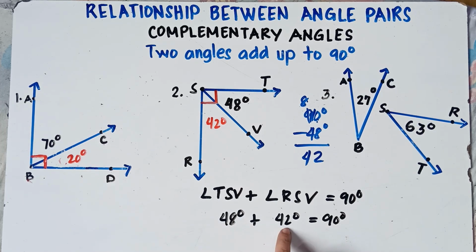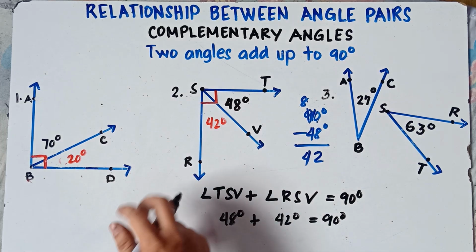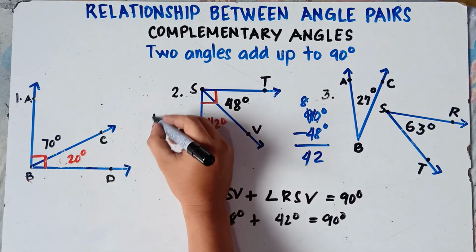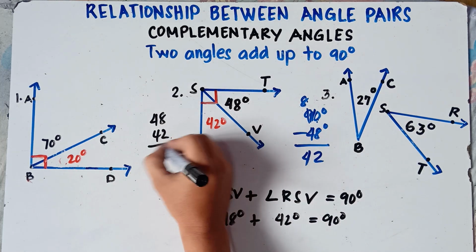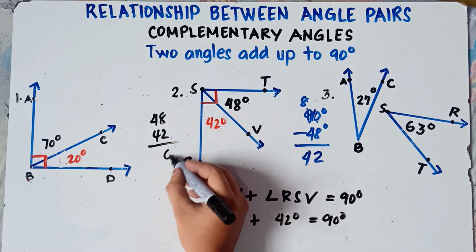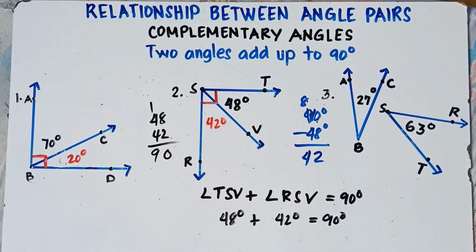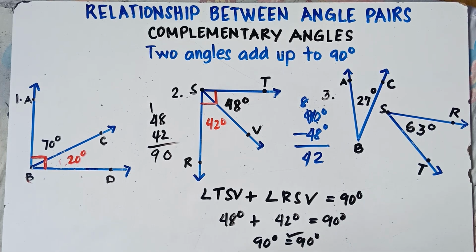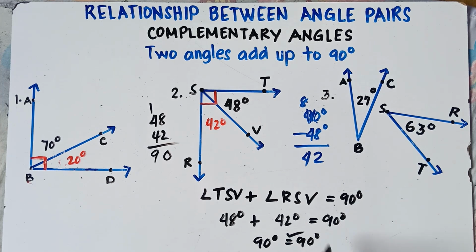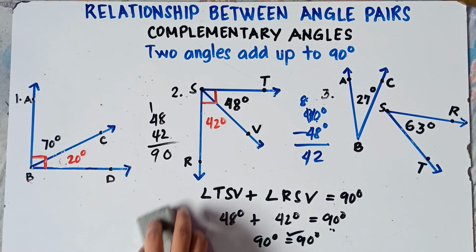So 48 plus 42, we can double check that one. Let's check if this is really 90. 48 plus 42, 2 plus 8 is 10, carry 1, 4 plus 1 is 5, plus 4 is 9. 90 degrees. So 90 degrees equals 90 degrees. Check. Therefore, the two angles are complementary because if we add the two angles, we get a 90 degrees angle. Alright, so that's example number 2.